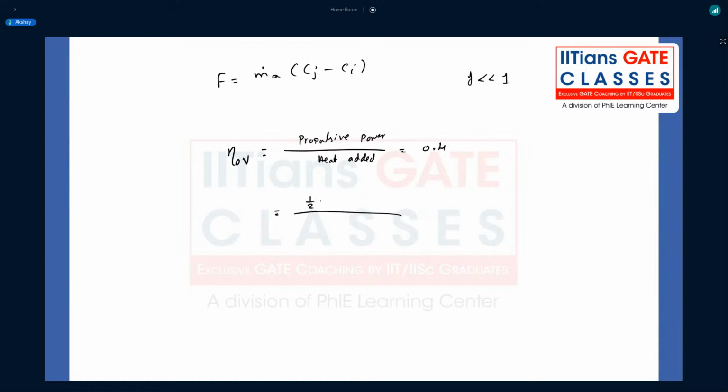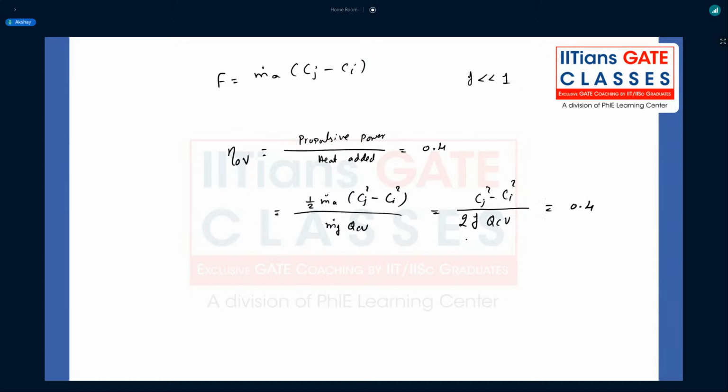Propulsive power can be written as half m dot a times Cj square minus Ci square, divided by heat added, which is mass flow rate of the fuel times the calorific value of the fuel. So calorific value of the fuel is given to you, that is 120 megajoules per kg. So with mass flow rate of air and fuel, I can write it as F times QCV over Cj square minus Ci square, which is equal to 0.4.